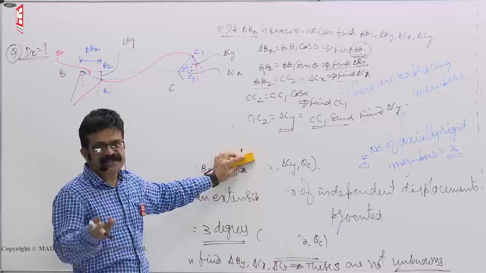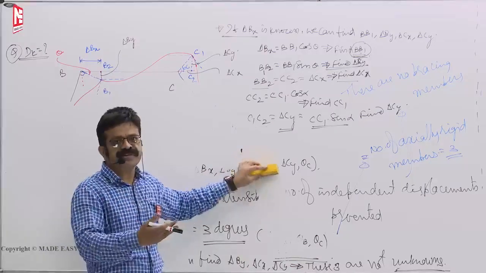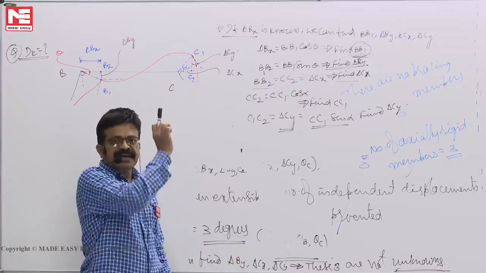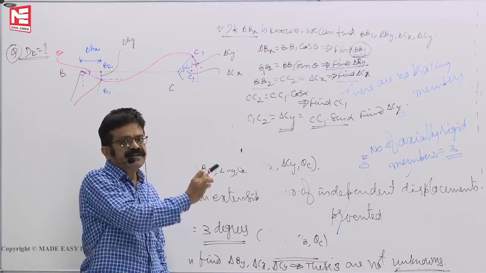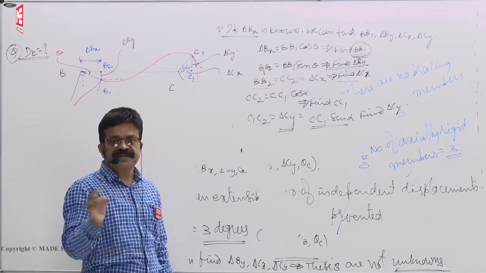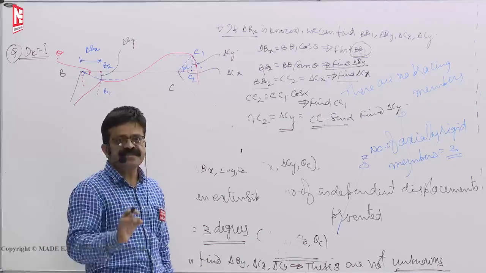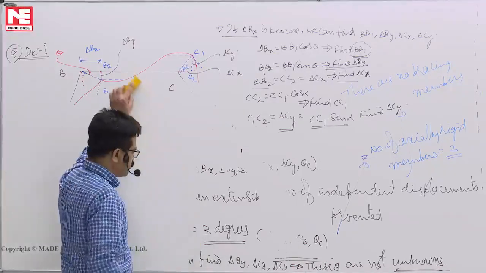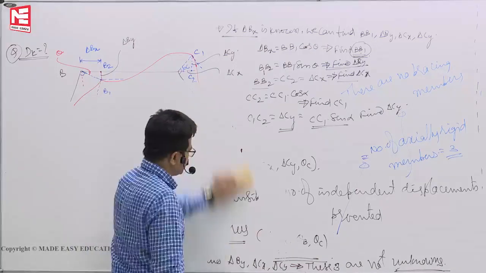Like that, the displacement modes. Once you come to steel structures plastic analysis, there again I will tell you that kinematic indeterminacy is different. Number of independent displacement modes means sway mechanism, beam mechanisms are different. We will discuss that point again in the steel structures.